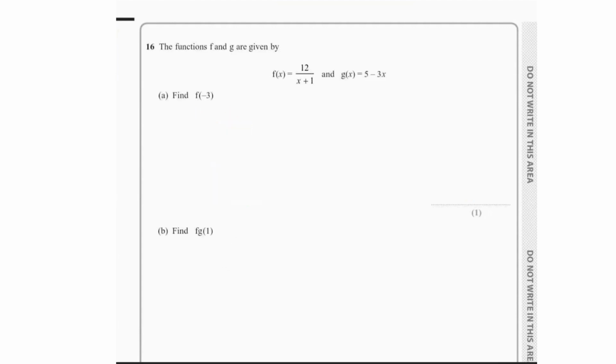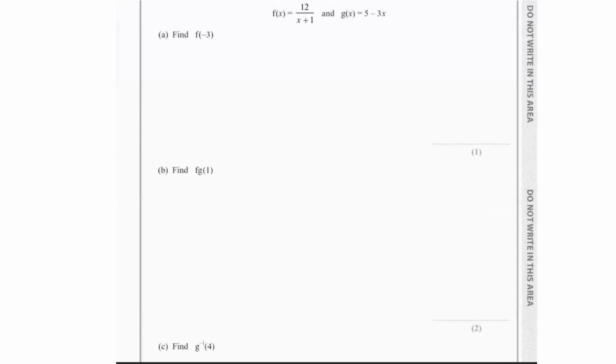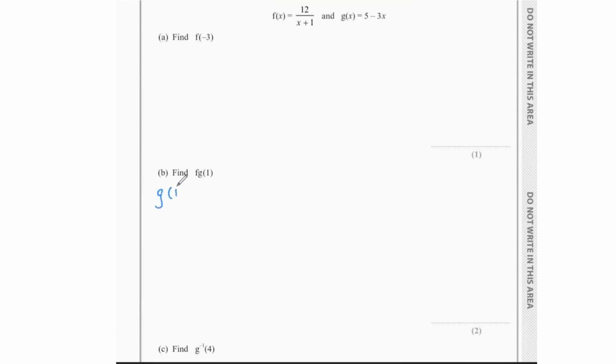Then it says find f of g of 1. So now we have a composite function. By composite function, what I mean is that we're using two different functions, combining them to make another function. So first, you can begin with finding the value of g of 1. So g of 1 is going to be 5 minus 3 times 1, which is 5 minus 3, and that's 2.